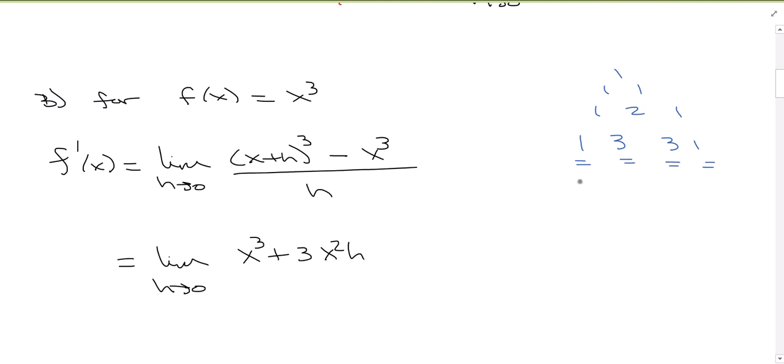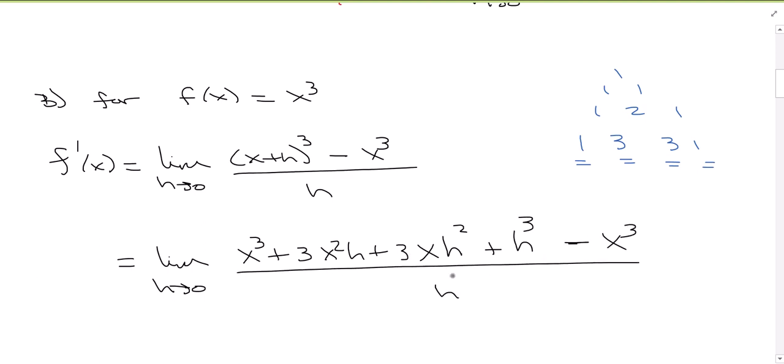Remember, when we do the Pascal's triangle expansion, the first term starts with the highest exponent and it decreases, and then for the last one, the exponent increases. So I'm at 3x squared h to the first, plus my next coefficient 3. The x decreases, from x squared to just x, and h increases, from h to the first to h squared, plus 1 h to the third, minus x cubed, all over h.